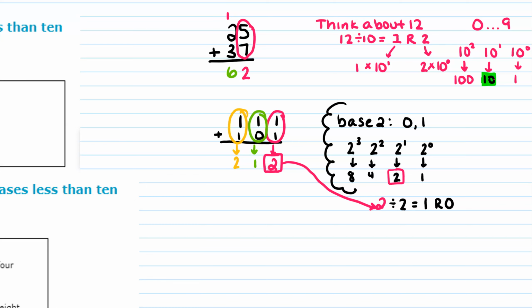So if I wanted to write 2 in base 2, it would be 1, 0. So I'm going to keep the 0, and I'm going to put the 1 here like I'm carrying it. So now when I add 1 plus 1, that's technically 2, right? But we decided 2 was 1, 0. So I'm going to put the 0 here and carry the 1 here.